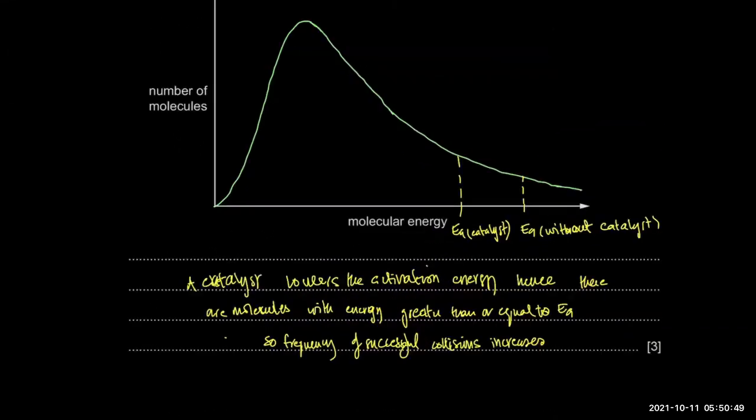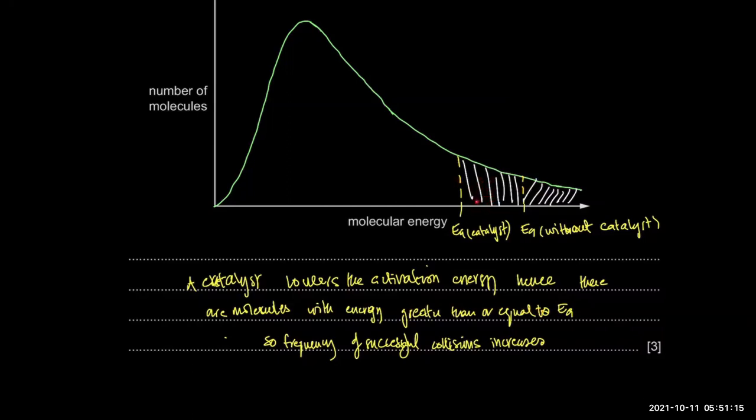If you look at the shaded area, only this many molecules had enough energy for reaction because you need minimum energy, activation energy चाहिए. So सिर्फ इतनी molecules थी. Catalyst add करने के बाद ये वाली molecules के पास भी enough energy थी. So can I say that adding a catalyst meant there are more molecules with greater energy than the activation energy, since you've lowered the activation energy?